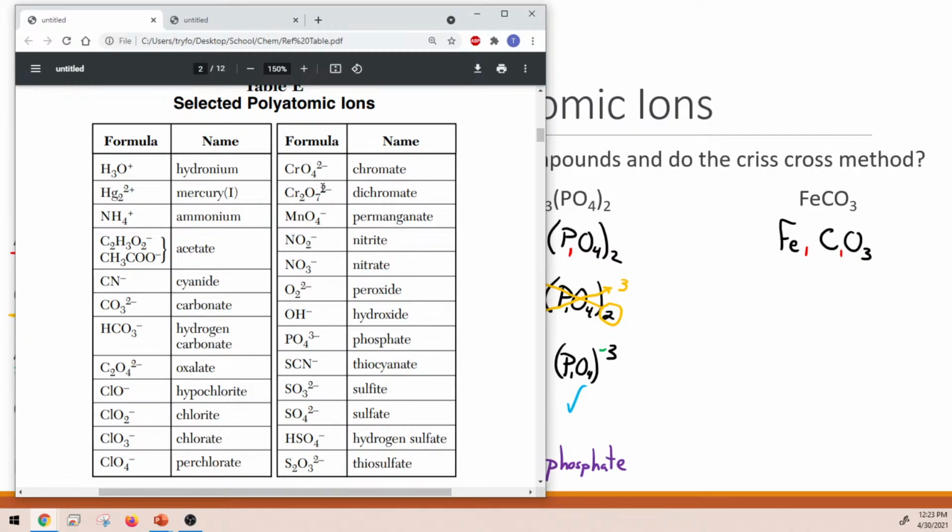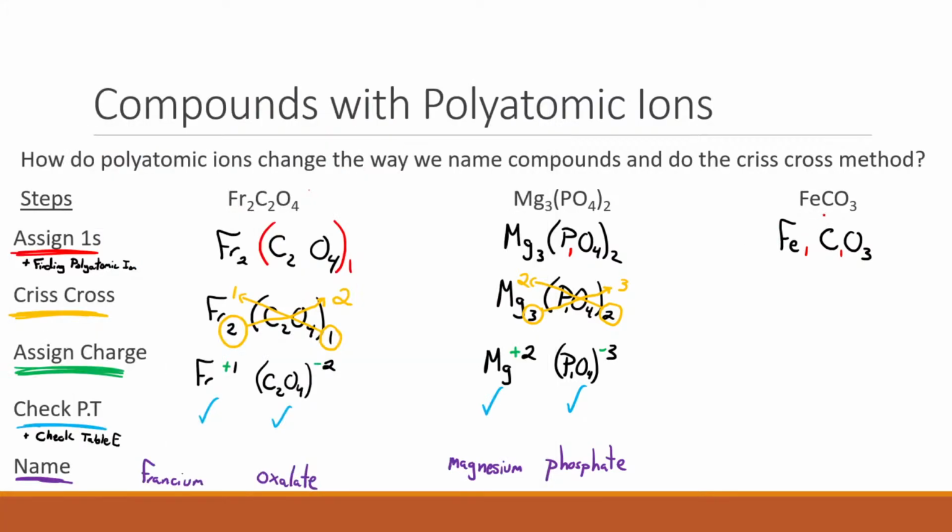Fe, Fr, F, nothing. And so we know for certainty here that our CO3 is our polyatomic ion. So we're going to put it in parentheses and mark it with a 1. And then we're moving on.